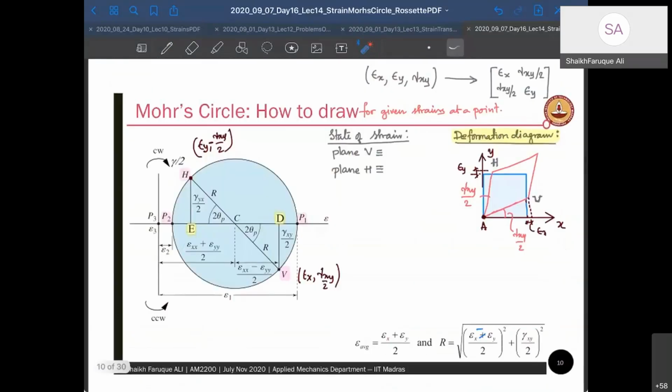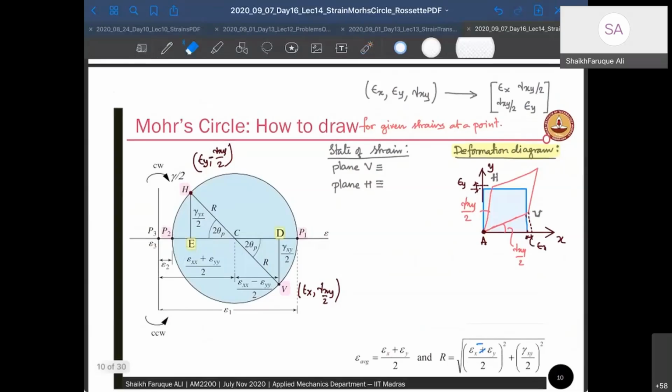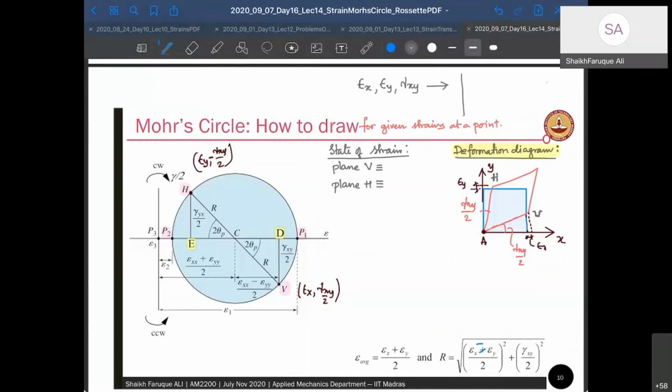Now, how to draw a Mohr circle for a given state of strain? Let's say I have been given, let me rub this part, a state of strain at a point in a member as epsilon x, epsilon y, and gamma xy. This will be given to me. I will convert that into matrix format like this, epsilon x, epsilon y, and here I will write it as gamma xy by 2.